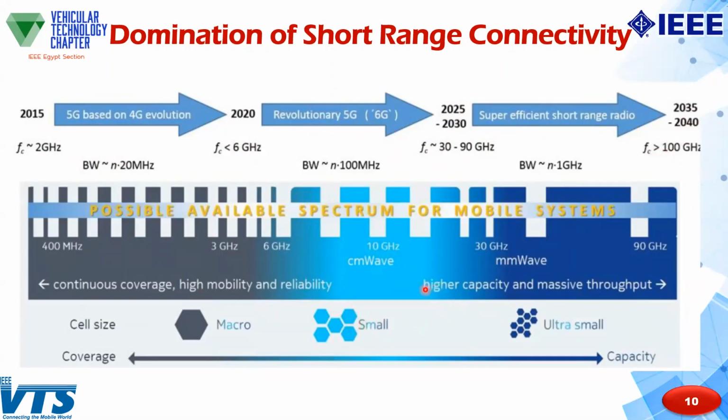So by increasing the carrier frequency, you are increasing the capacity and the massive throughput, but your cells will be more and more small. This will increase the difficulty of how you control and manage the interoperability between such a huge number of cells.